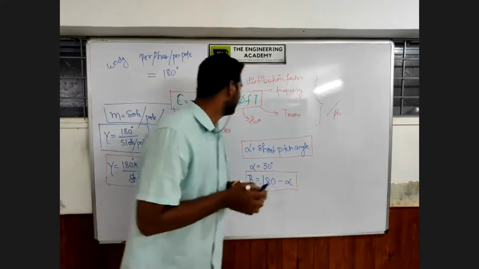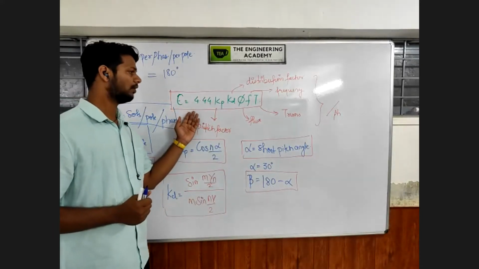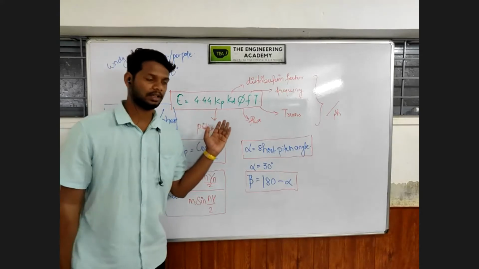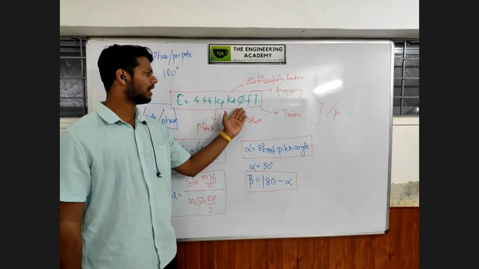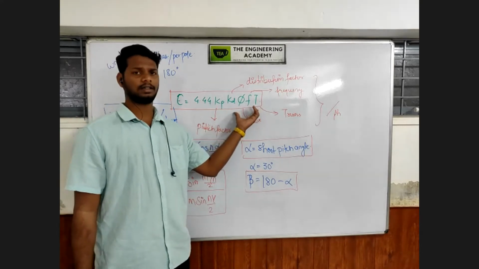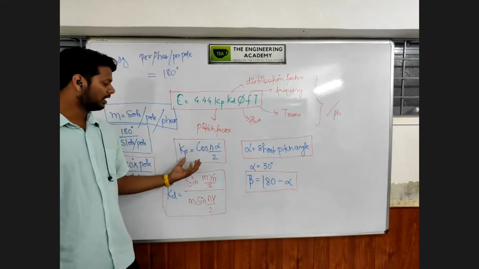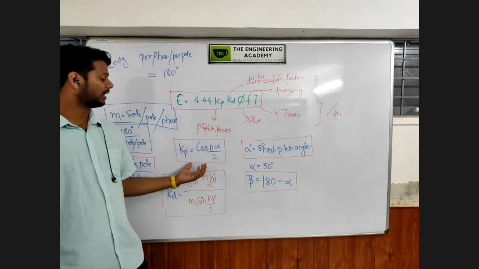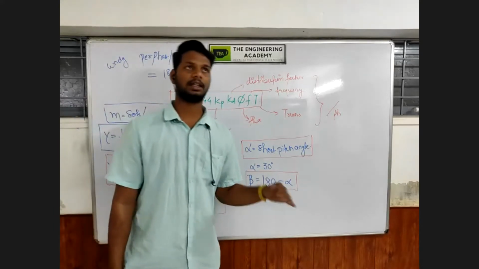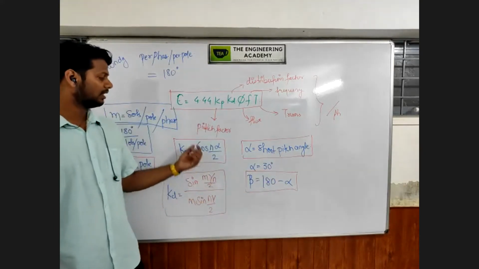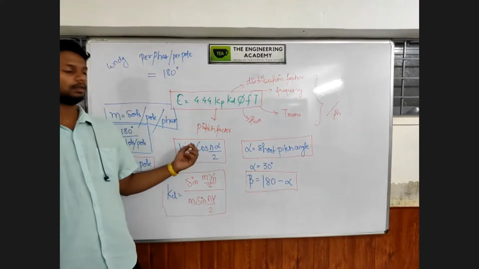So listen everybody. If they ask to calculate the induced EMF in a synchronous machine, you have to calculate Kp and Kd; phi and f are terms generally given in the question. First of all, you calculate Kp: cos n alpha by 2. If they ask for the fundamental frequency, then instead of n we put 1.